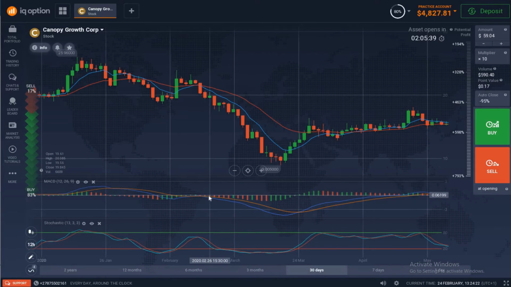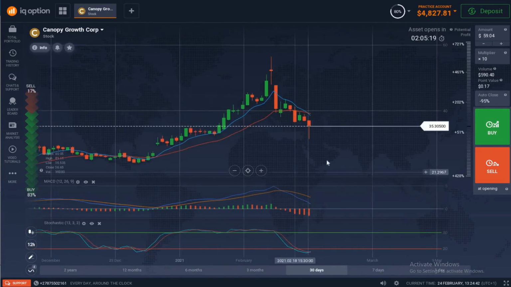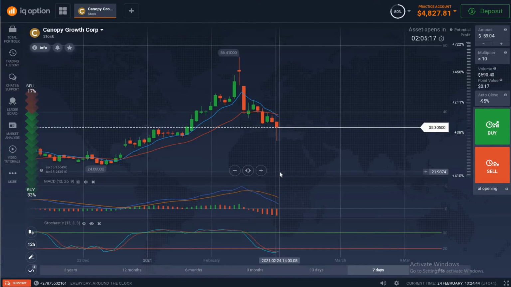Then the MACD lines, there we go, we have a crossing. The signal line is below the MACD line. So then we look for the final confirmation of the EMA lines. The short term is below the long term. So that means it's going to go down. Then that means you can enter the trade. Now, how do you enter the trade? That's what I use my spreadsheet for.